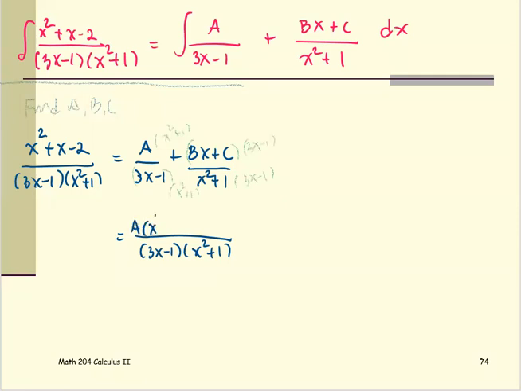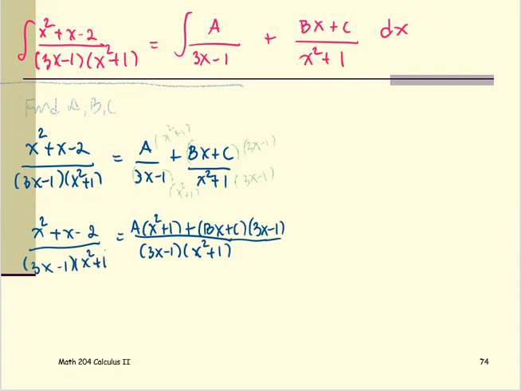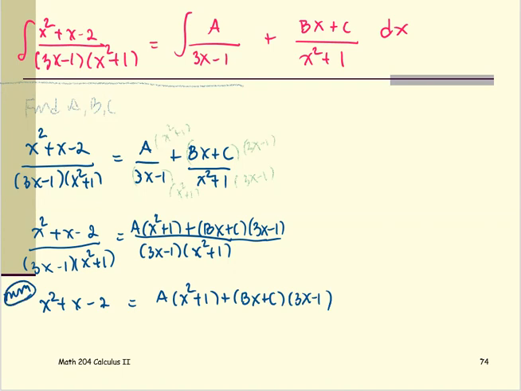So A multiplied by x squared plus 1, plus the quantity Bx plus C times 3x minus 1, equals x squared plus x minus 2 divided by 3x minus 1 times x squared plus 1. Then I'm going to work on equating the numerator on the left and the numerator on the right. So in this step, we equate the numerators.